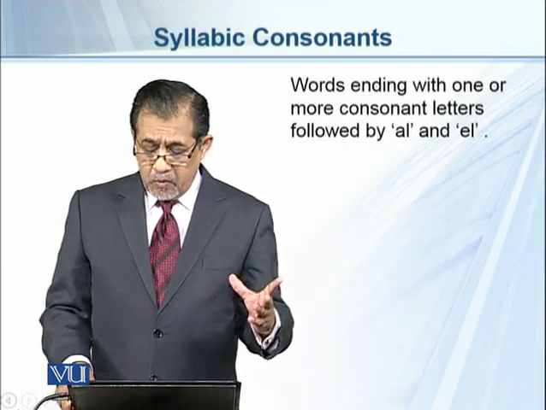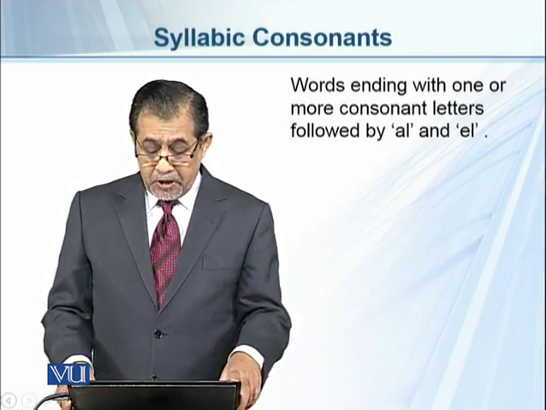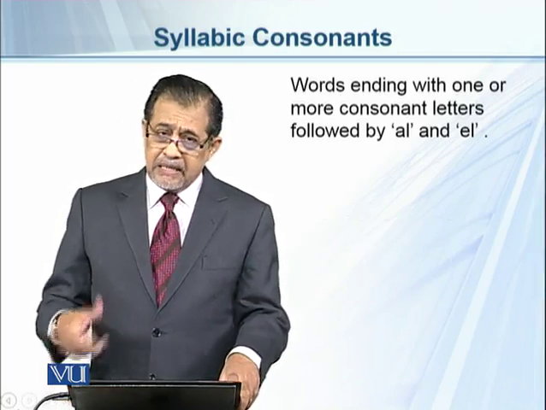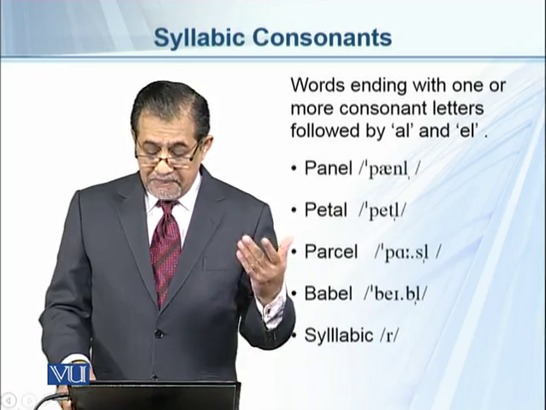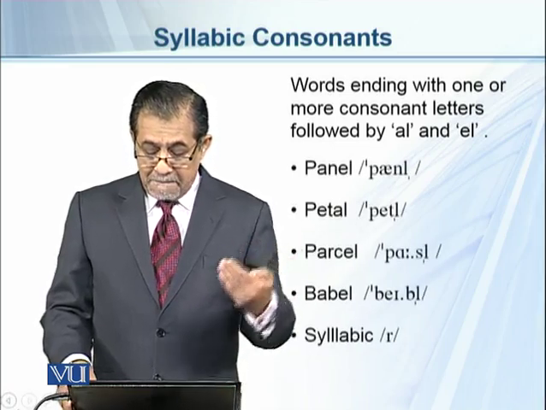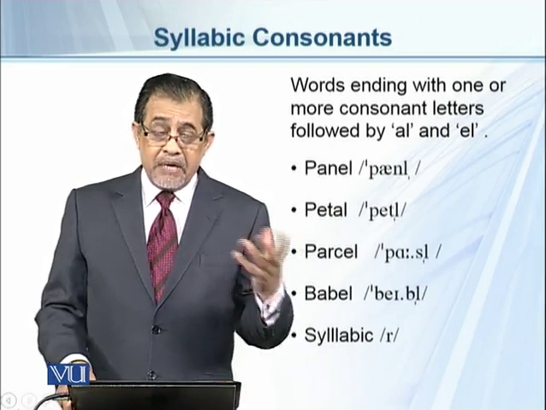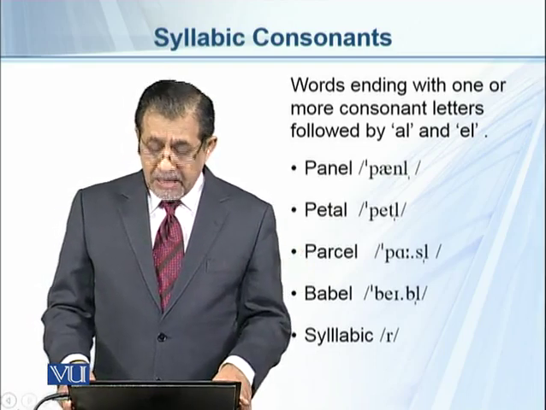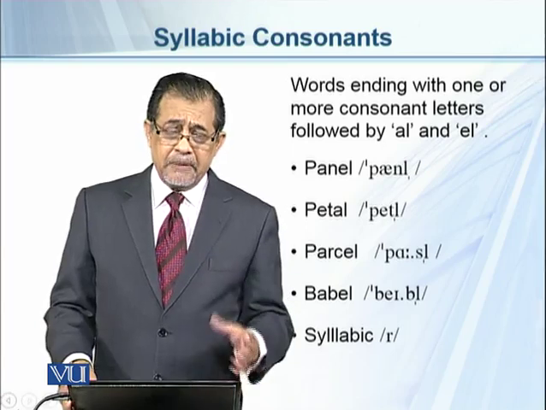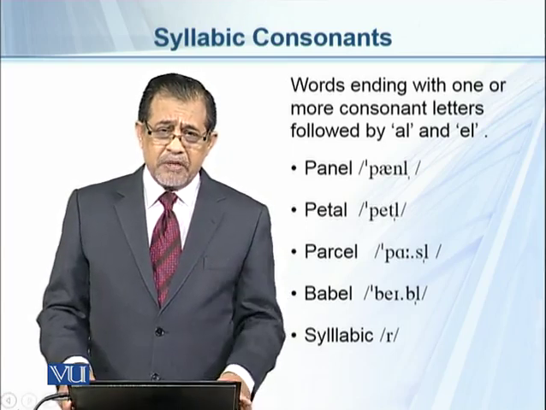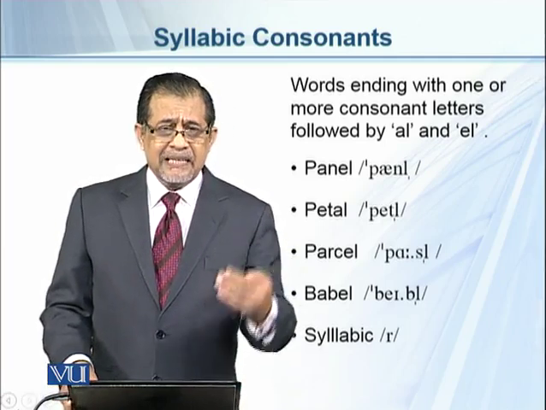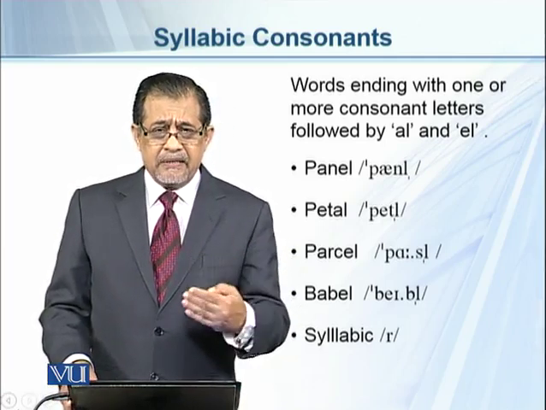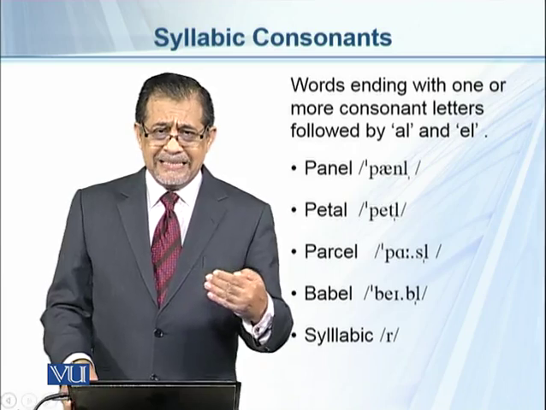Words ending with one or more consonant letters followed by al or el have the same process. For example, you can see panel, petal, parcel, babel. We have another type of syllabic sound, which is the r sound, especially in American English, as in particular.